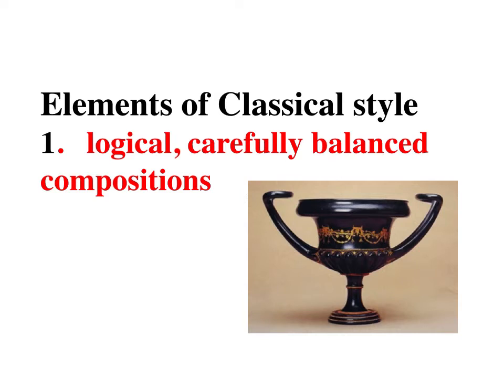There was a notion that mathematics, that numbers could be used to understand the principles operating through the universe. And this highly rational, knowledge-based approach to the world is reflected in the logical, symmetrical, balanced compositions of Greek art.